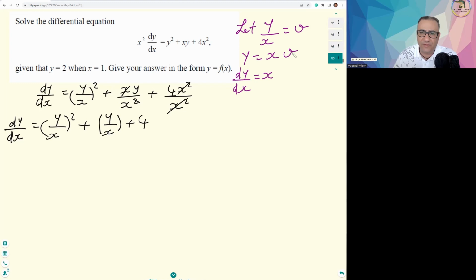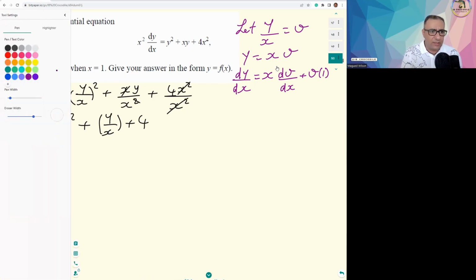The second is v, which is not a function of x, so I have to multiply by dv by dx, an application of the chain rule and implicit differentiation. Then plus v multiplied by the derivative of the first, which is 1. Every time you see a homogeneous differential equation, you follow exactly the same steps: put your substitution and then find dy by dx.